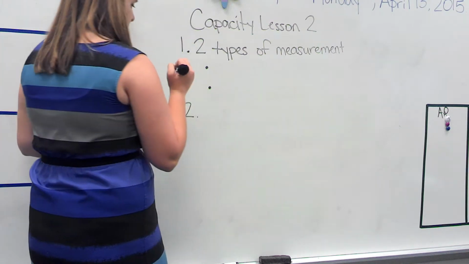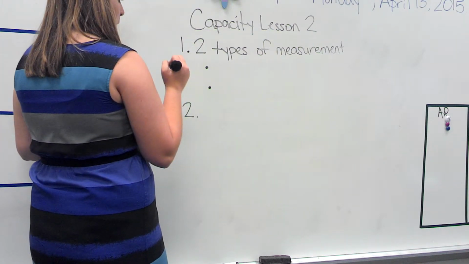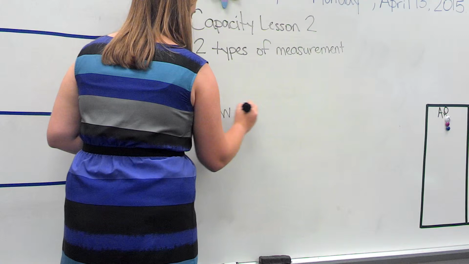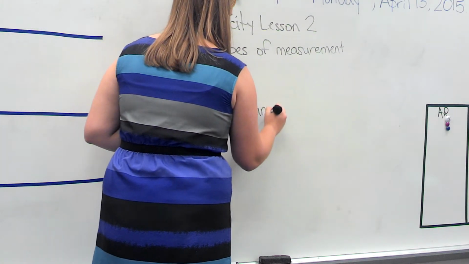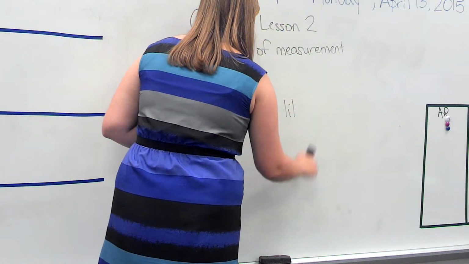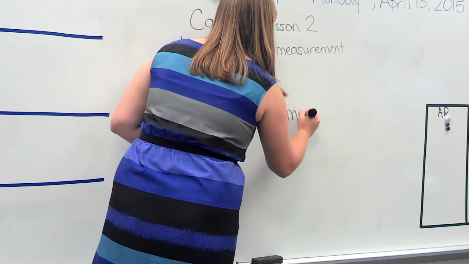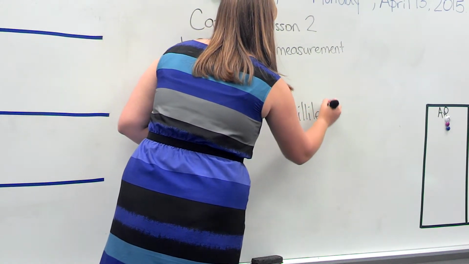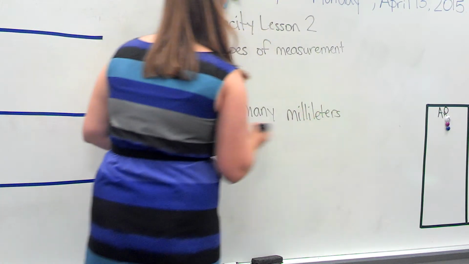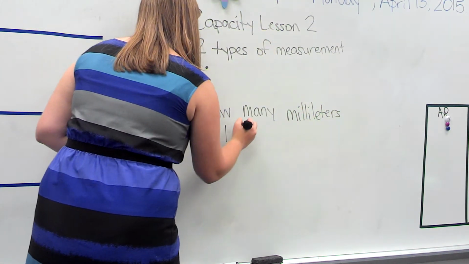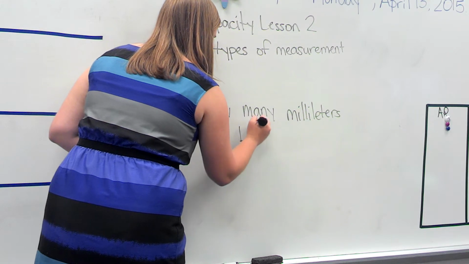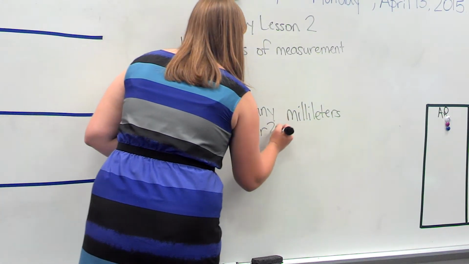Number 2, I want you to tell me how many milliliters are in 1 liter. I'll put a capital L so you can tell the difference between the 1 and the liter.